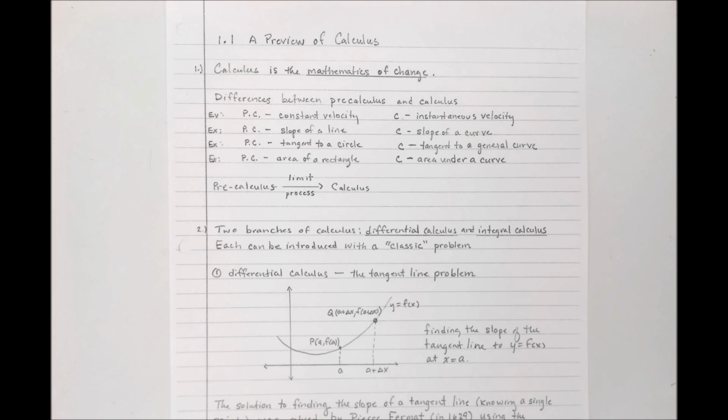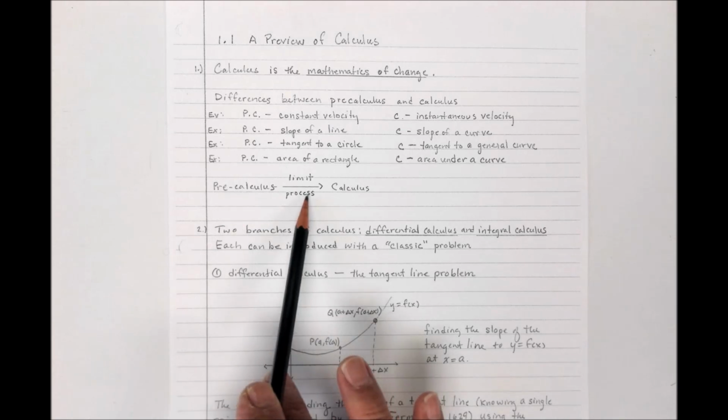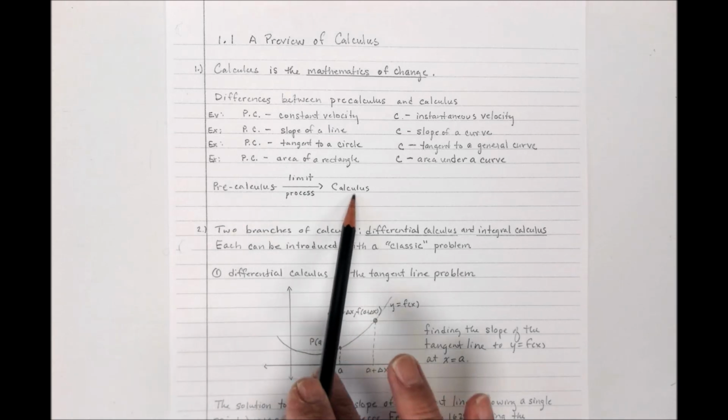It's talking about the area of a rectangle and how we could use it along with the limit process to find the actual area under a curve. Pretty much the only curves that we know how to find the area of are circles, or perhaps part of a circle like a sector. So we're going to take many of the pre-calculus topics, use this limit process, which we're going to define more in the next section, and come up with calculus topics.